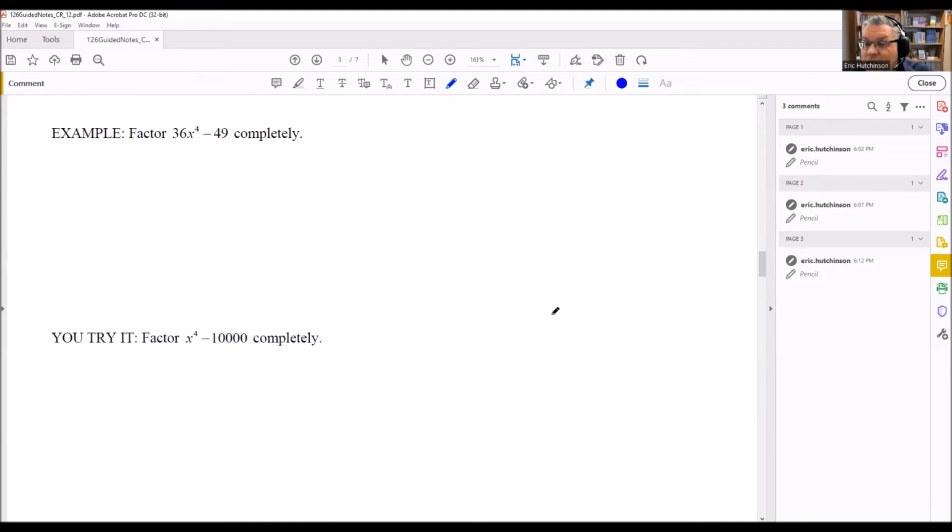Okay, so the next example we have here is another one that we want to write as a quantity squared. Now, 36 can be written as 6 squared. And then, of course, we also have x squared as well on that one. And then we have 49 can be written as 7 squared.